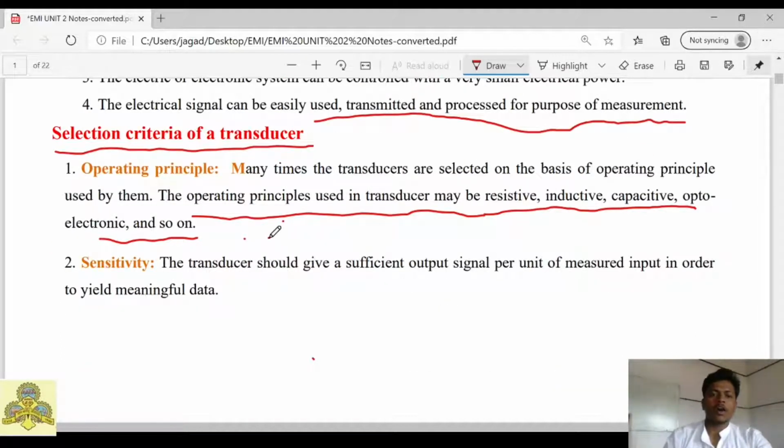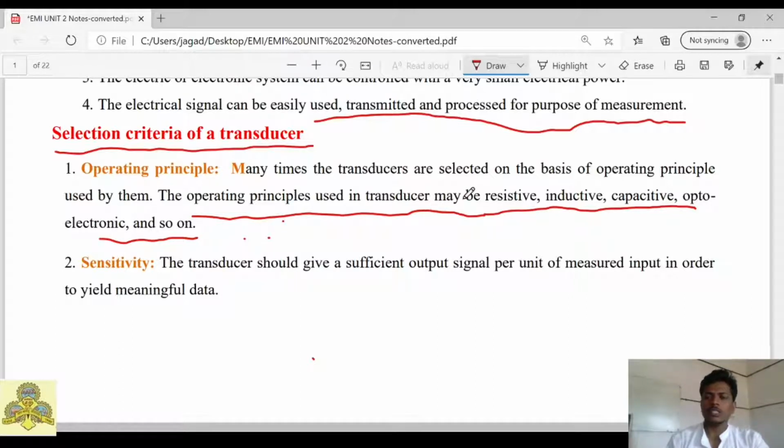First one, operating principle. A transducer can be selected on the basis of different operating principles. Examples of operating principles a transducer may use are resistive, inductive, capacitive, optoelectronic, and so on. In unit 1 we have seen a Wheatstone bridge.